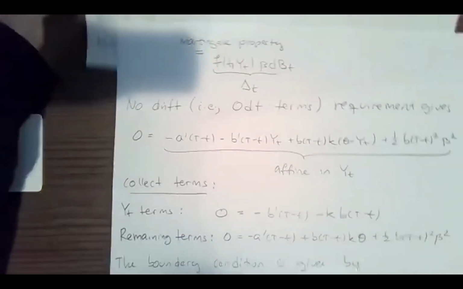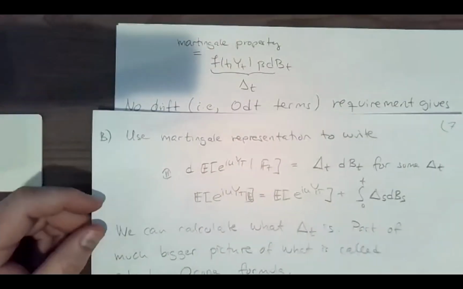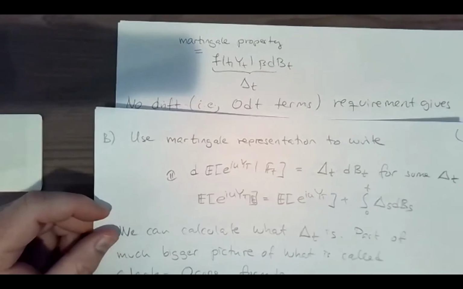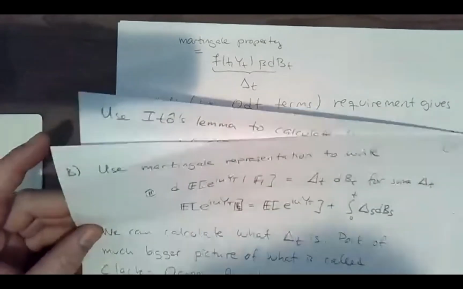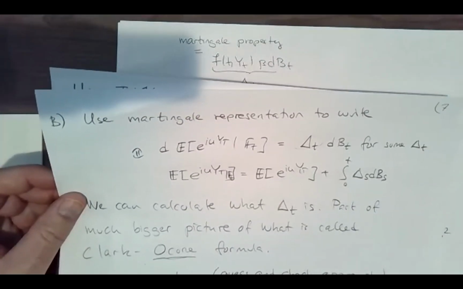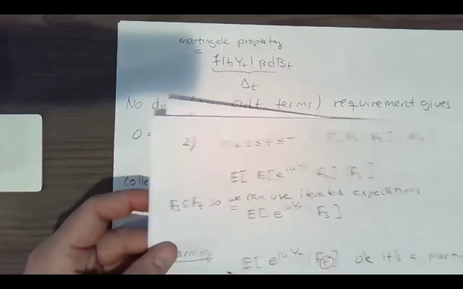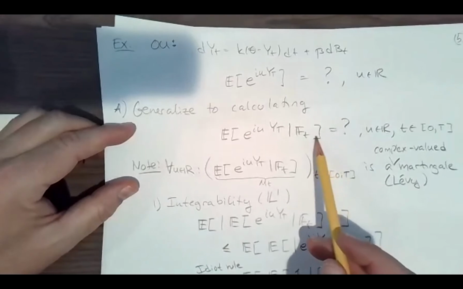That's the boundary condition. Let's have a look. What would be my martingale? Where do we have a formula for it? This one here. What is that equal to?